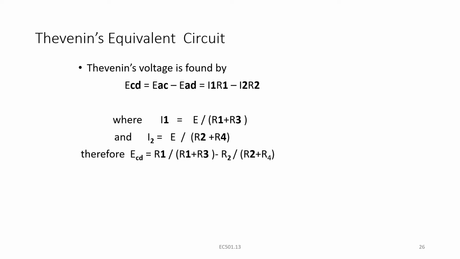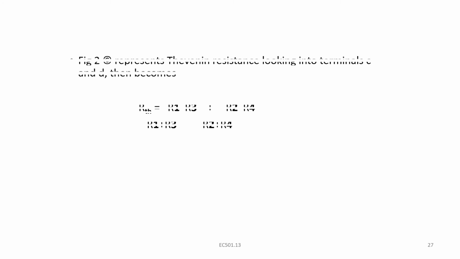Here, I1 is equal to the voltage E divided by R1 plus R3, and I2 is equal to E divided by R2 plus R4. Therefore, the voltage across the terminal CD, ECD, is equal to R1 by R1 plus R3 minus R2 by R2 plus R4.